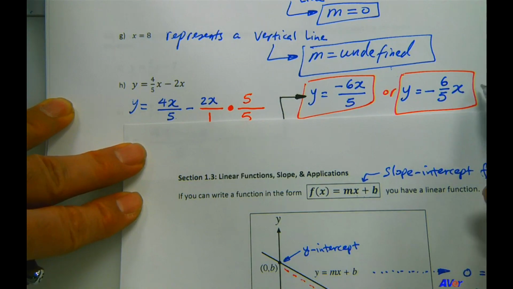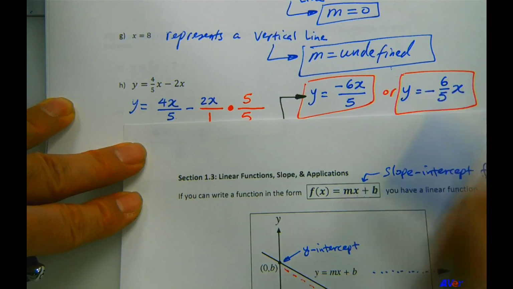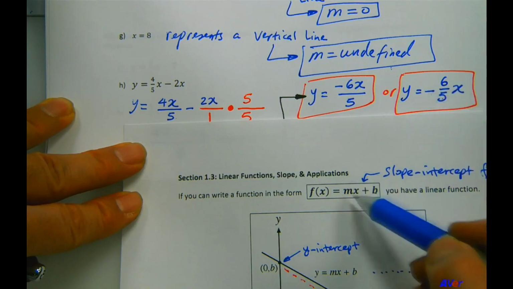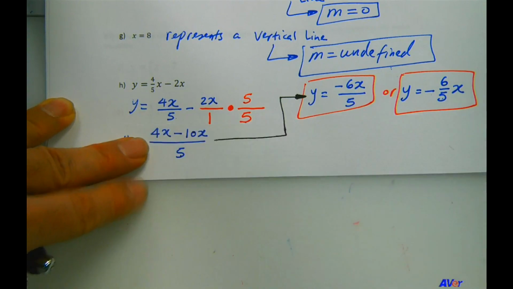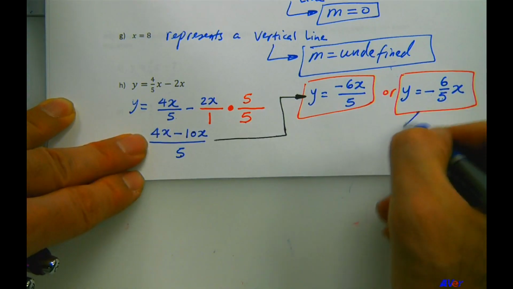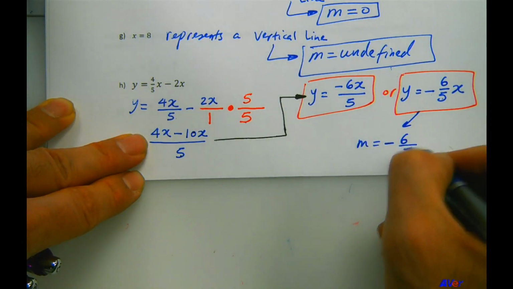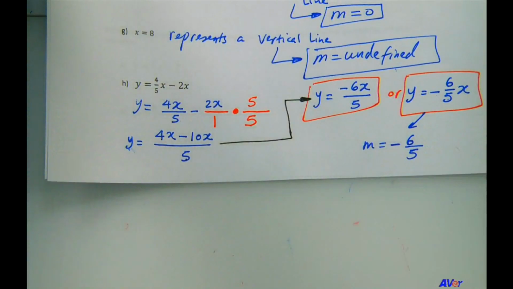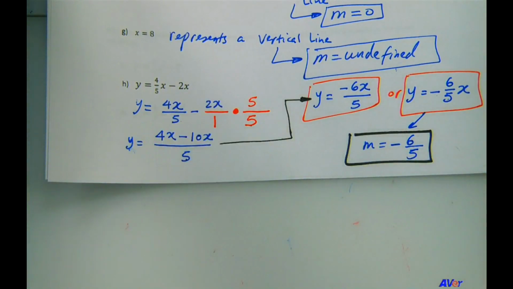It's gone, because it's equal to 0. So the slope of that line is minus 6 over 5, which would be equal to the m here. Right? Okay, so the slope is equal to minus 6 over 5. And that is the slope of that equation.